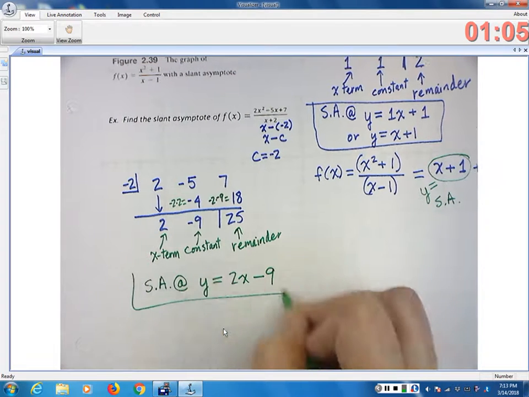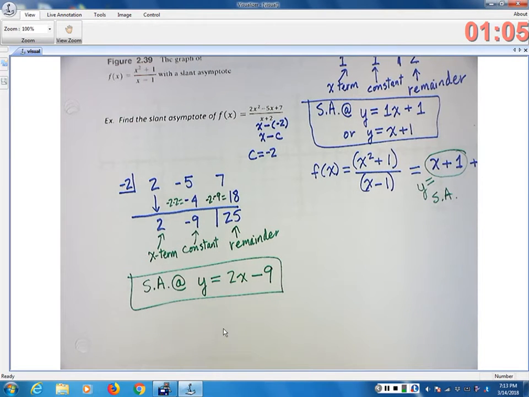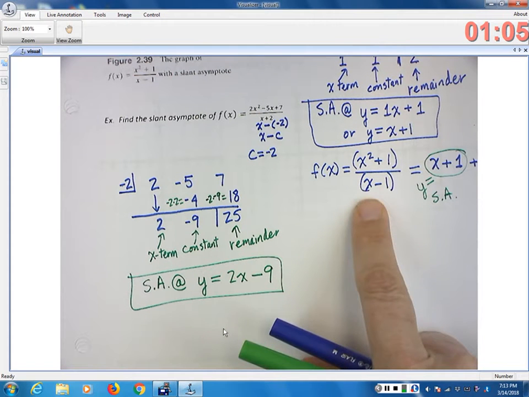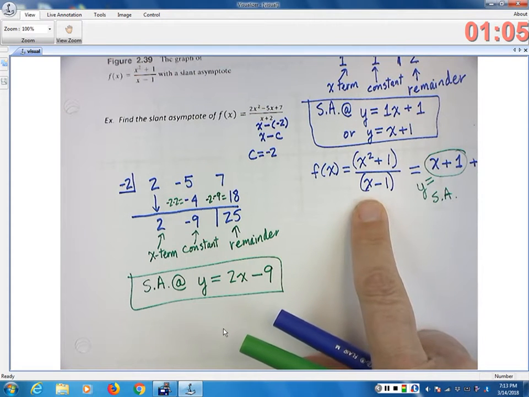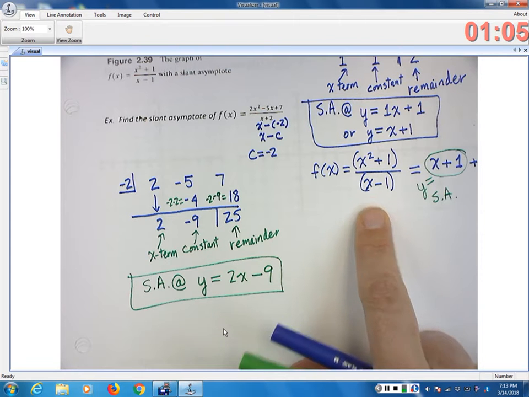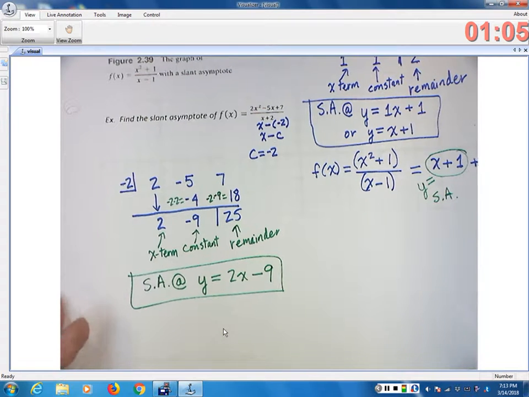That's our answer. So this is synthetic division, and I can show you, if you'd like to see it, how you would divide this by long division with algebra. And it might help you just to see it once so that you know.